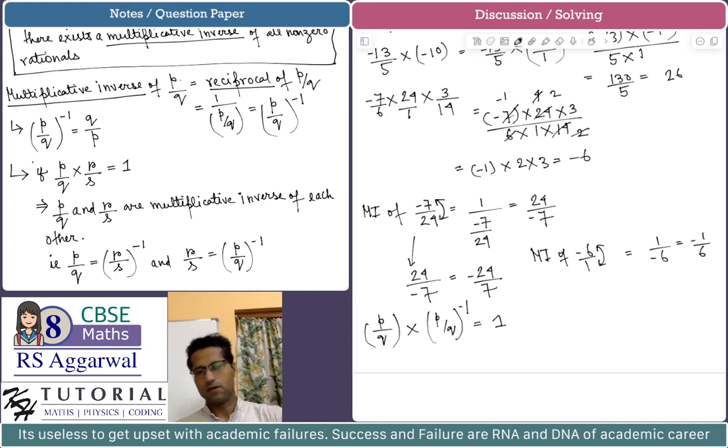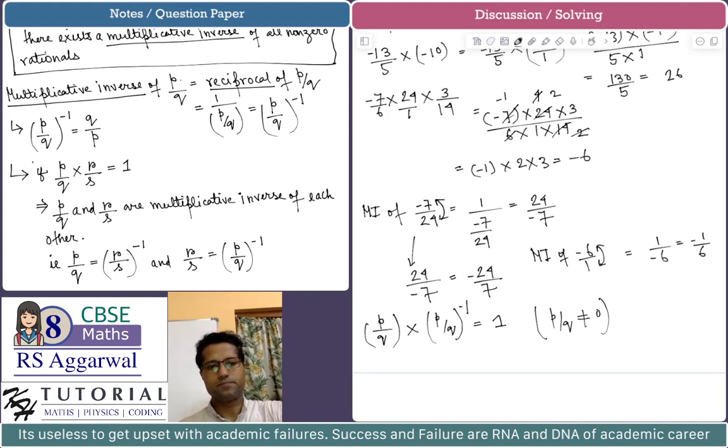The product of a rational number and its multiplicative inverse is always 1, provided the rational number is not equal to 0, that is, non-zero rational numbers. Always remember, multiplicative inverse exists only for non-zero rational numbers.